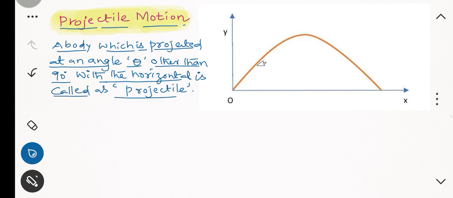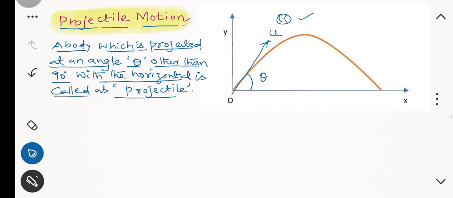Let us suppose a ball is thrown with some initial velocity u, making an angle theta with the horizontal. Then this ball can be treated as a projectile.